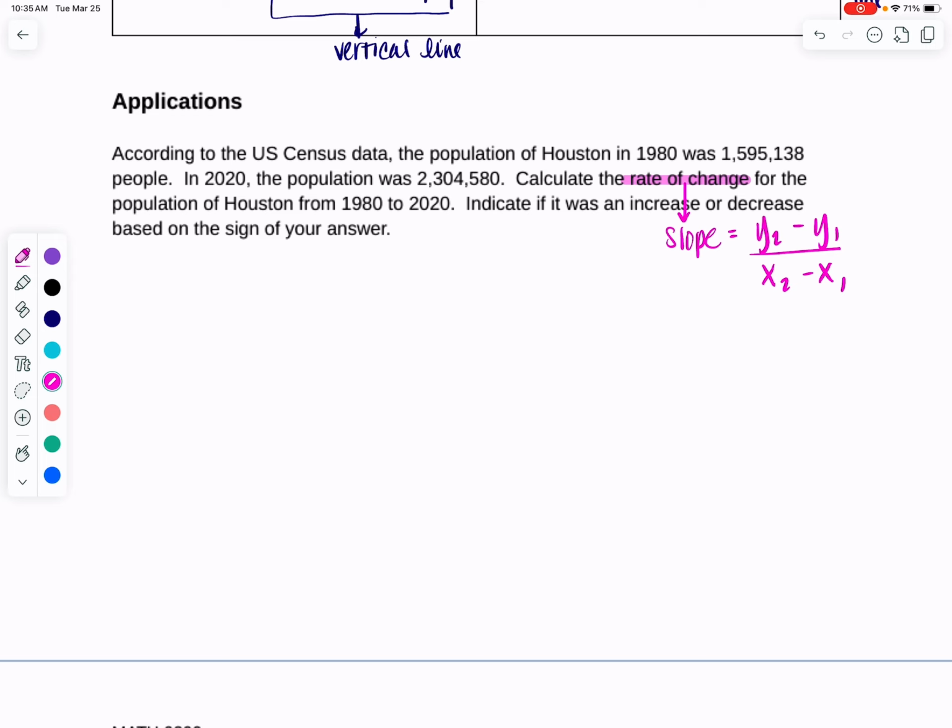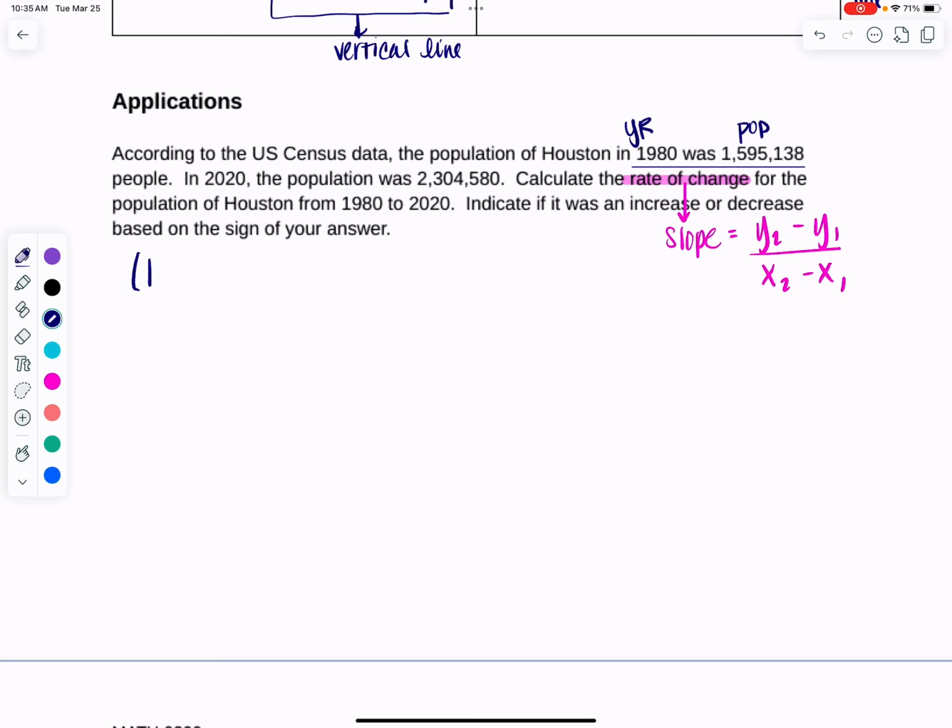The other thing you might notice is that before we were given 2 points. We don't have any points. There's no parentheses and commas and giving me an x and a y. We have to go find those. And sometimes you have to pair up pieces of information to make that happen. Right here, I have a year and a population.